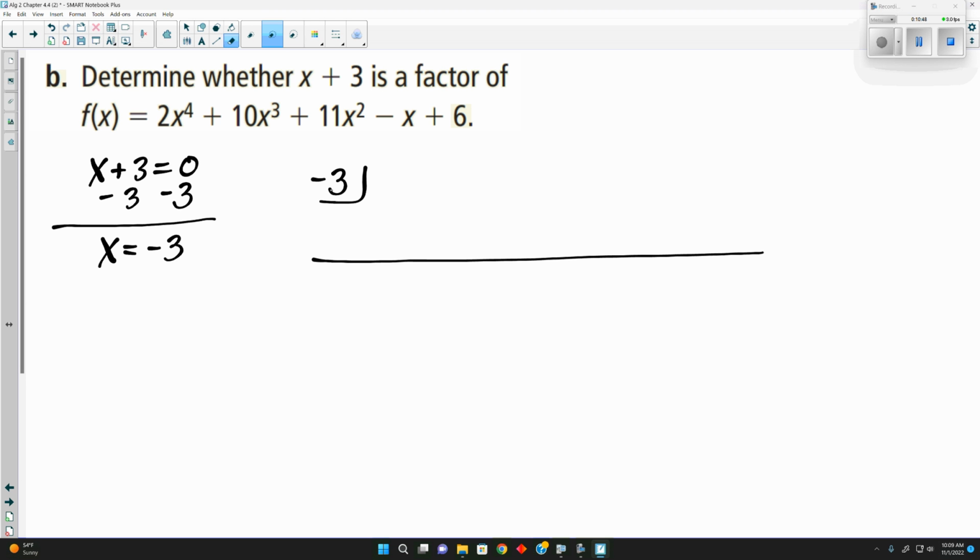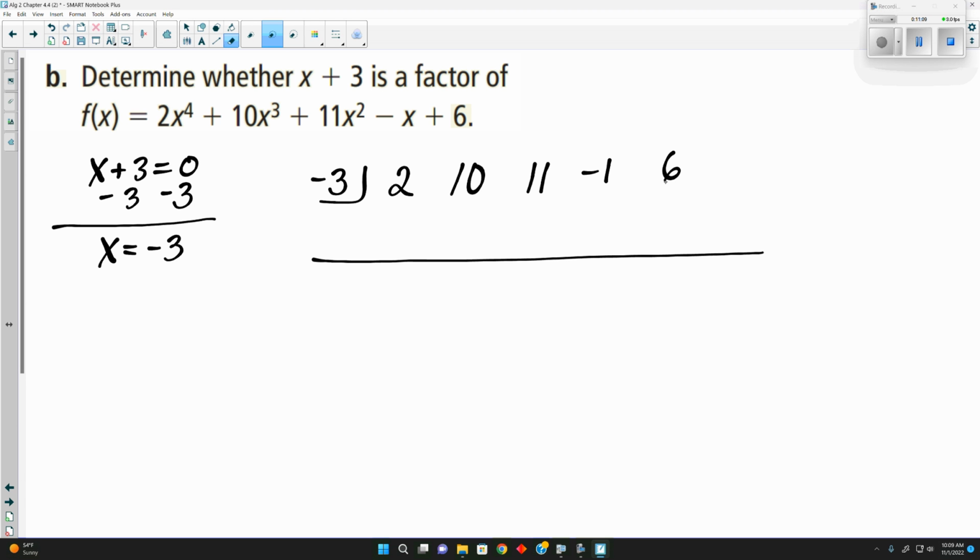So the numbers going across the top, we'll have 2 for x to the 4th, then 10 for x to the 3rd, 11 for x squared, then negative 1 for x and 6. Since the degree is 4, we need 5 terms. We have 5 terms, so they're all here.